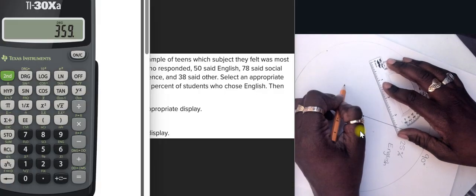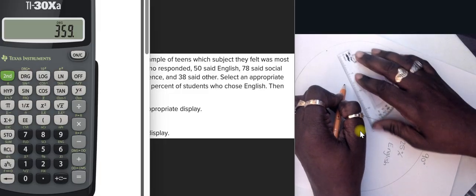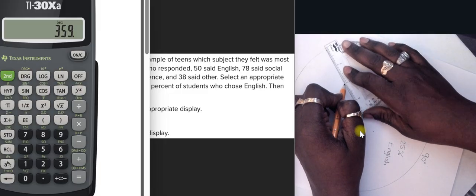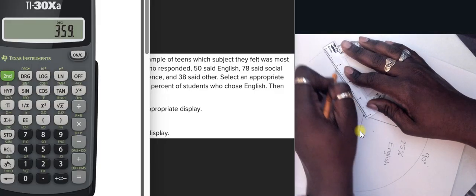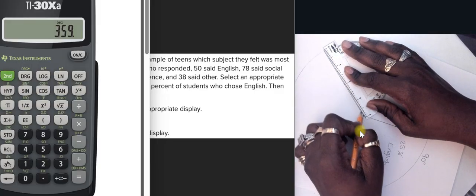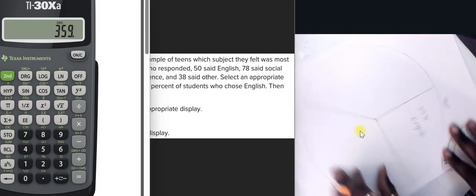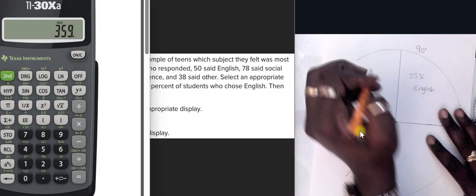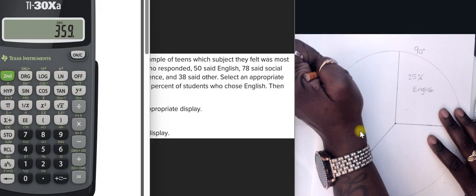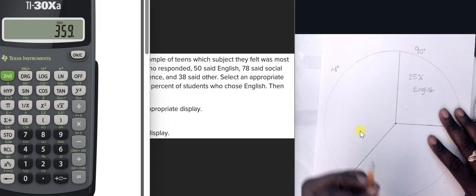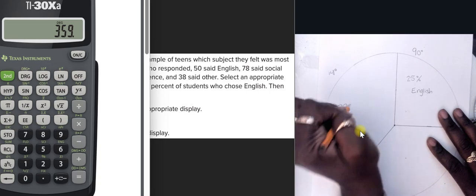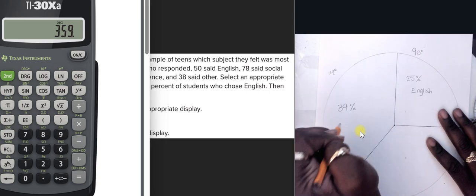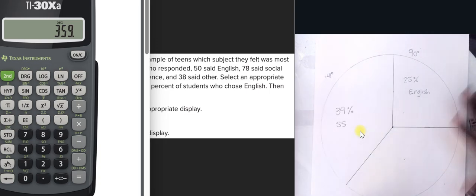Okay, and so there's my notch. Just going to put my pencil there and line up so that it goes through the center. There we go. And just go straight on down. There we go. So this is a 141 degree angle. And this represents 39%. So this is 39%, which represents our social studies.